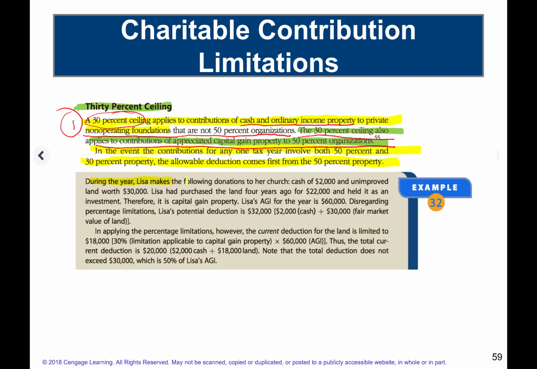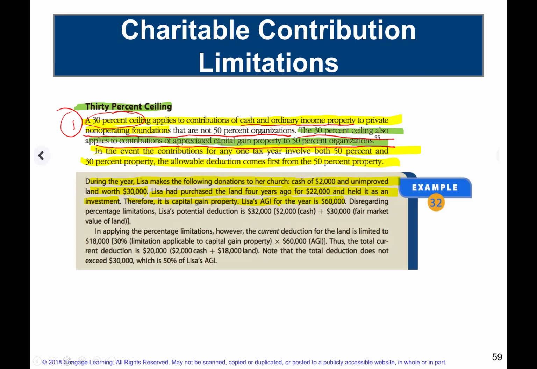During the year, Lisa makes the following donations to her church: cash of $2,000, unimproved land worth $30,000. Now she had purchased the land 4 years ago, so it's qualifying for capital gain treatment, isn't it? For $22,000 and held it as an investment. Therefore, it is a capital gain property for the year, and her AGI is $60,000.